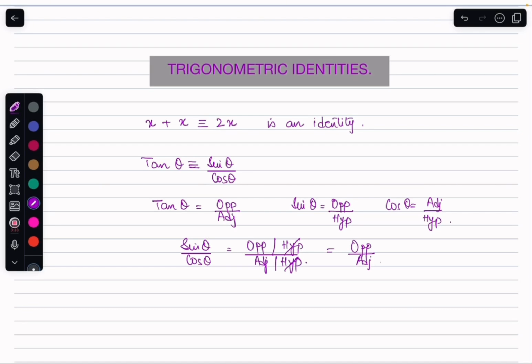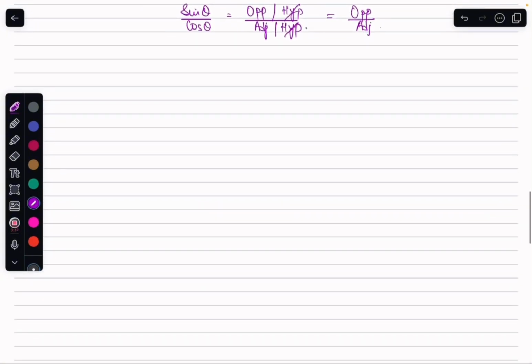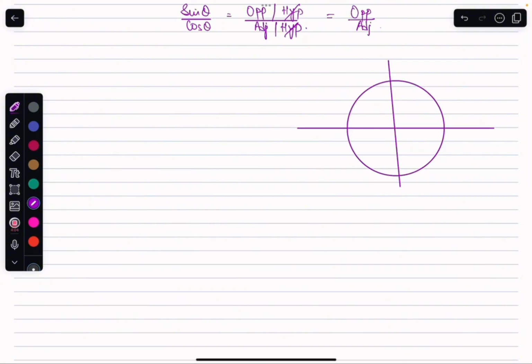So here we have shown that tan theta is the identity equal to sine theta over cos theta. The second identity that we shall be using a lot in this course is regarding the Pythagoras theorem. Let's say we have this circle with respect to the y-axis and the x-axis, and we have this rotation angle.